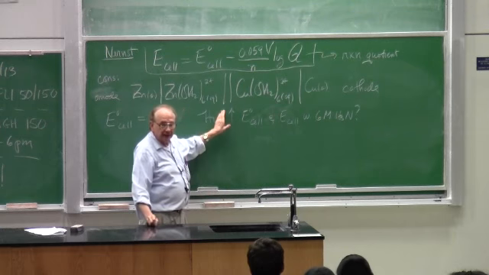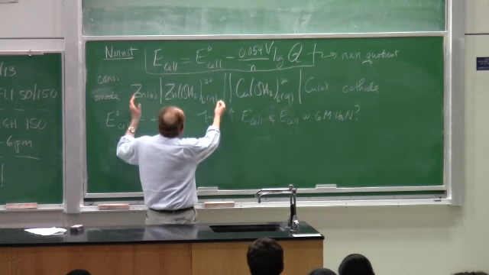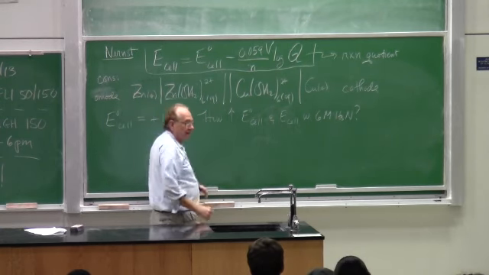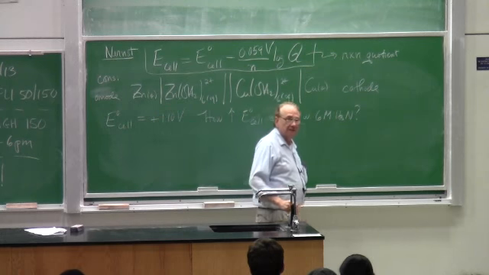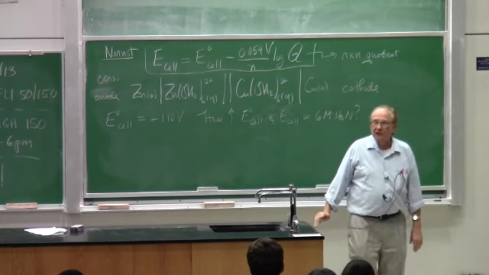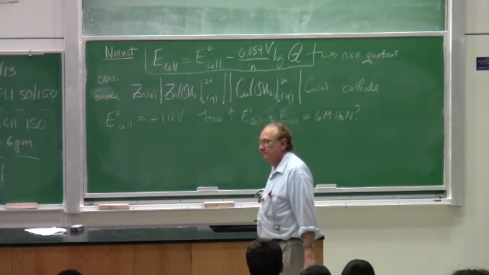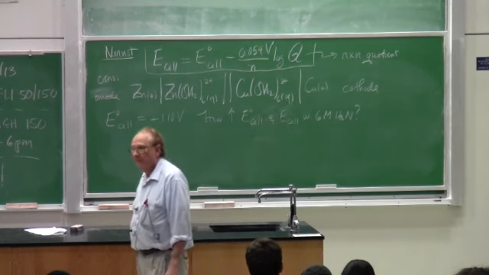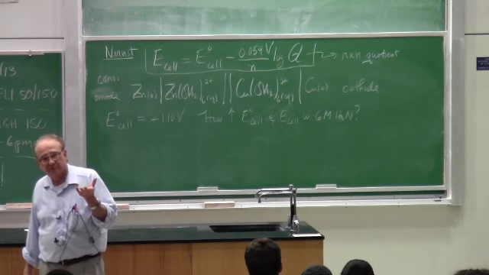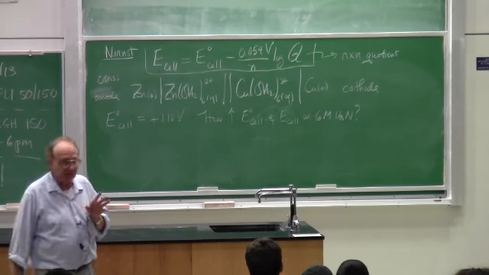Then with a double vertical line, we separate the half cell in which oxidation occurs, the anode half cell, from the half cell in which reduction occurs, the cathode half cell.